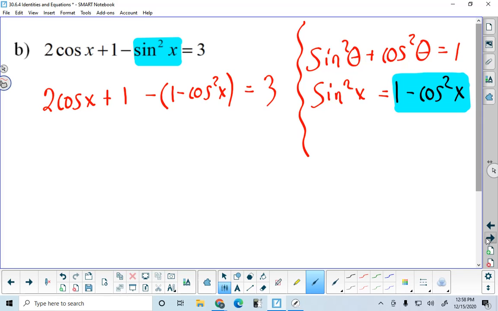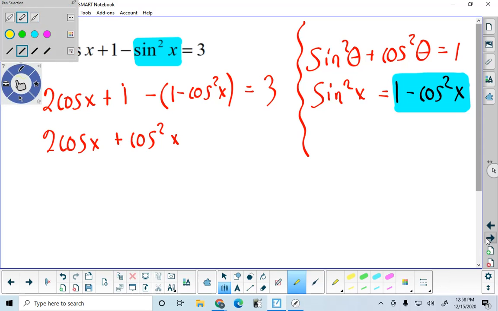I'm going to simplify this. This is 2 cos x plus cos squared of x. Because I have 1 minus 1, well, that's 0. And then I'm subtracting negative cos squared, so that gives me plus cos squared of x.